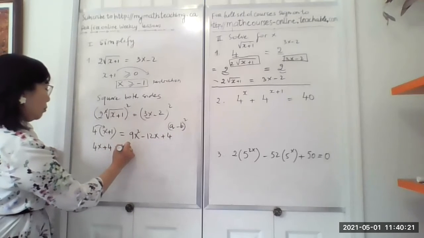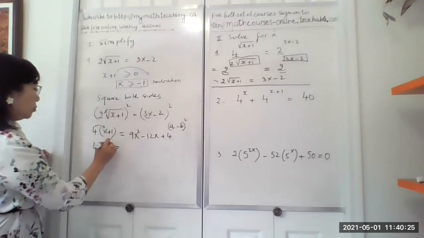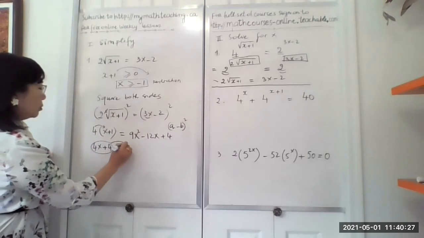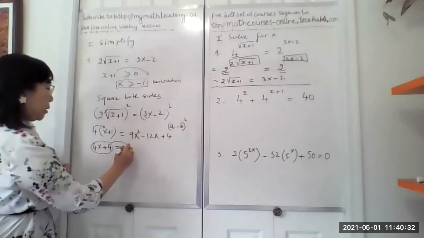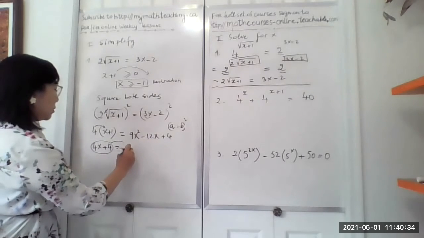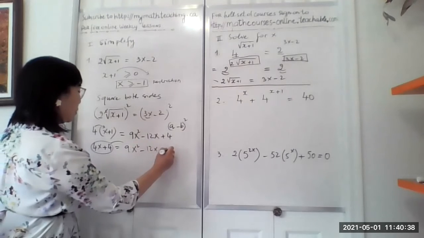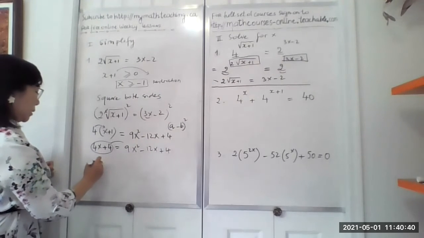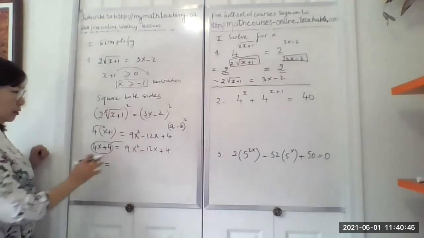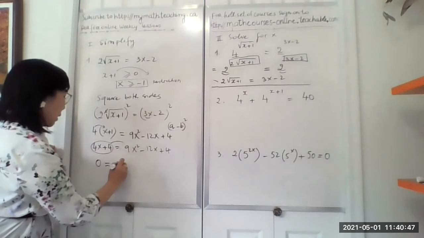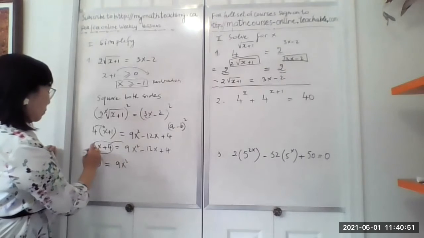So what I'm going to do is toss everything to this side, right? Adding with this number. So let me copy this first. 9x squared minus 12x plus 4. And make this left side become 0. And I'm going to move everything over. So 9x squared is still 9x squared. 4x will move over here.